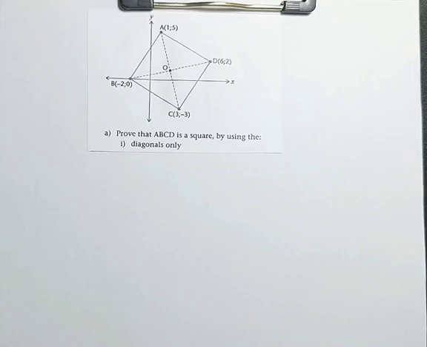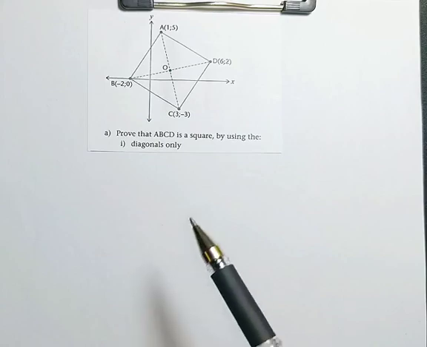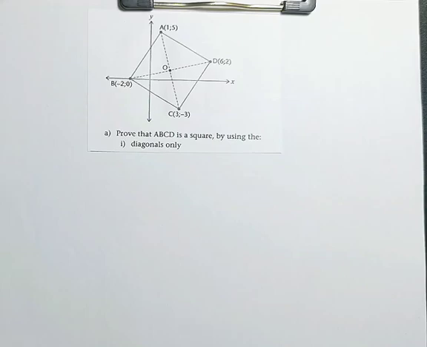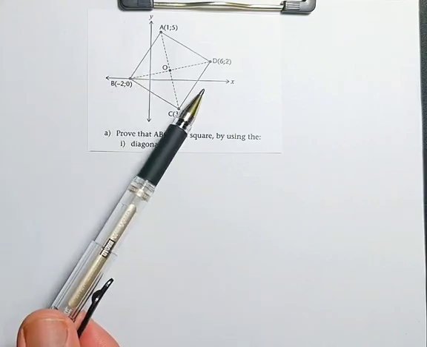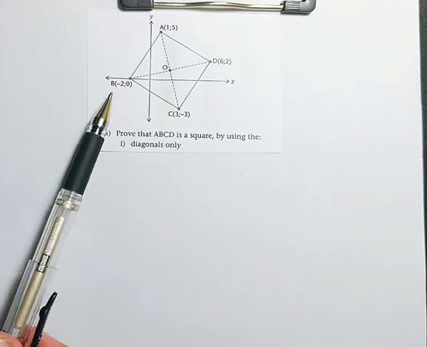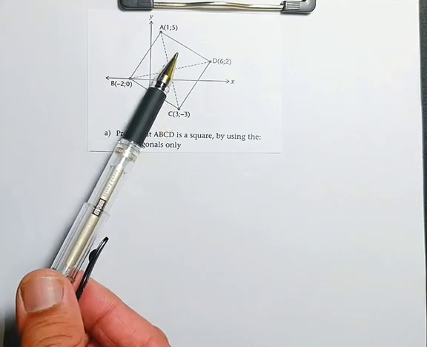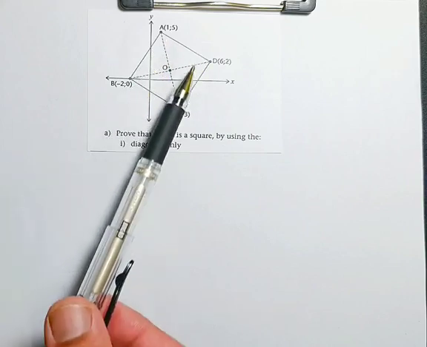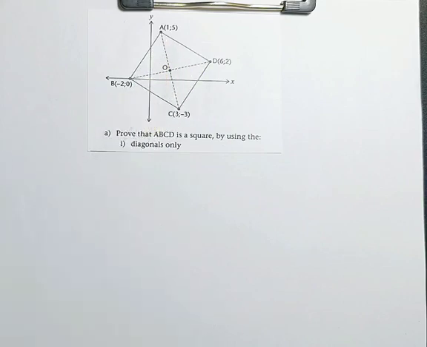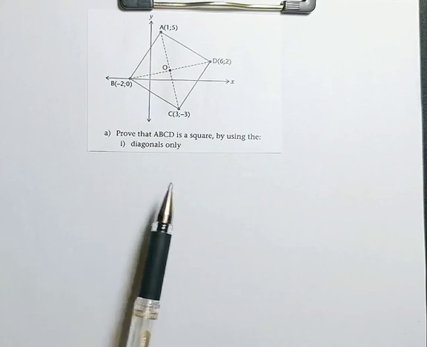So now this question is a quadrilateral, and we have to prove this is a square. So obviously I need to prove first this is a parallelogram, because a square is in the parallelogram family. But if they already say this is a parallelogram, for instance, this side is parallel to this side and BC parallel to AD, then we don't need to prove parallelogram, we only prove square.